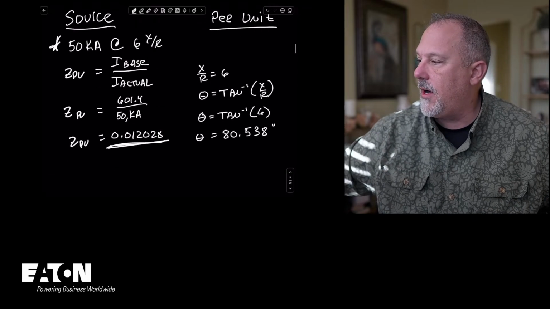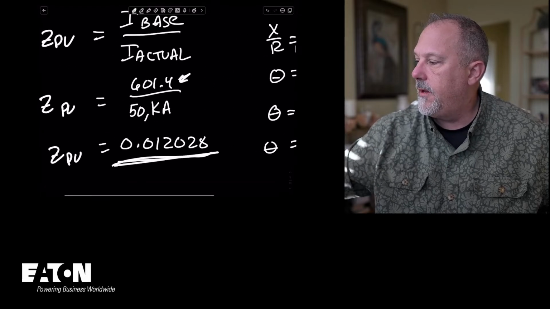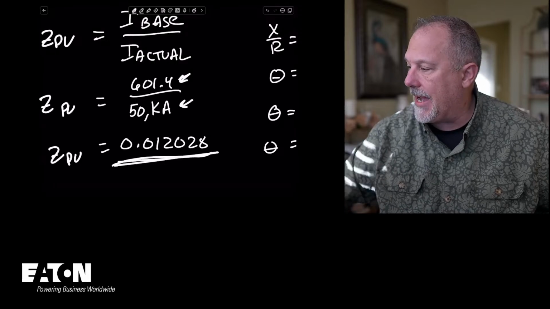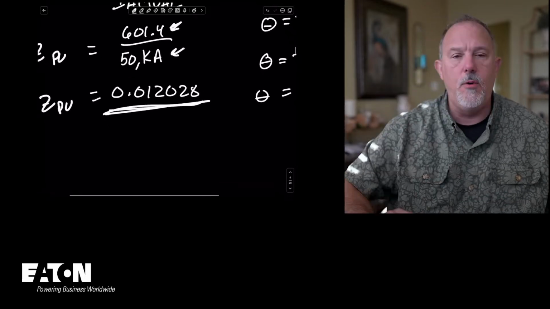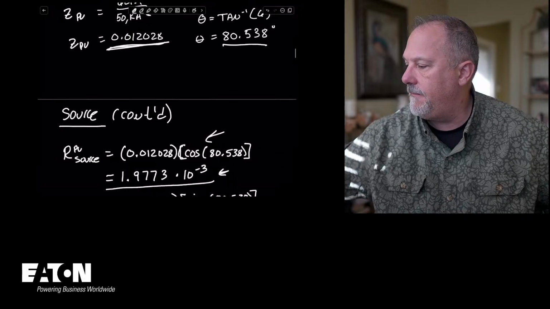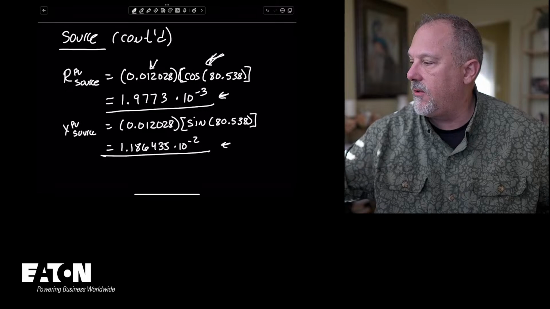And if you recall how we got there, we just basically took the I base, which is the full load amps, divided by the actual. That gets us our Z per unit, which was 0.01208. We calculated theta. We did the magnitude times cosine to get real.